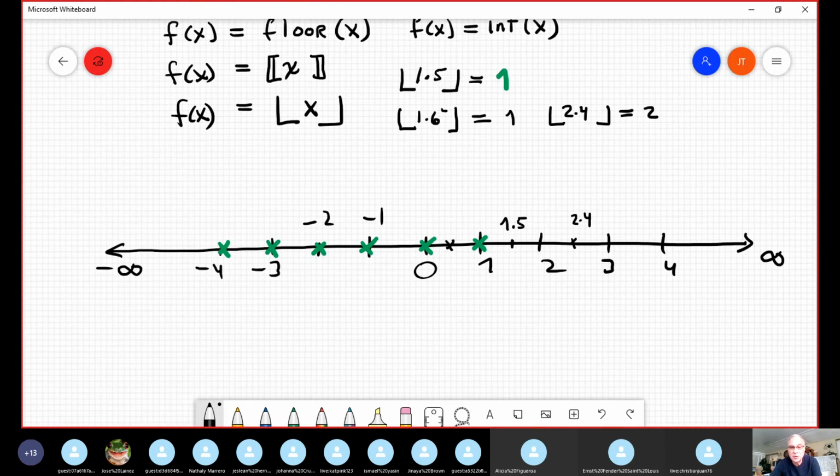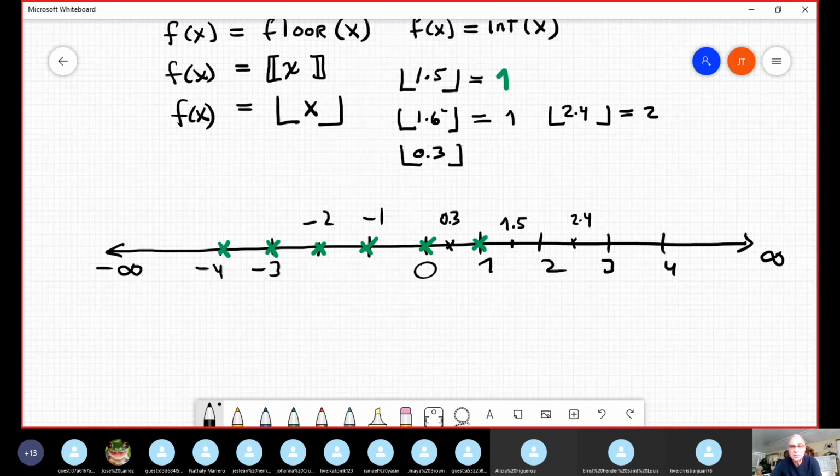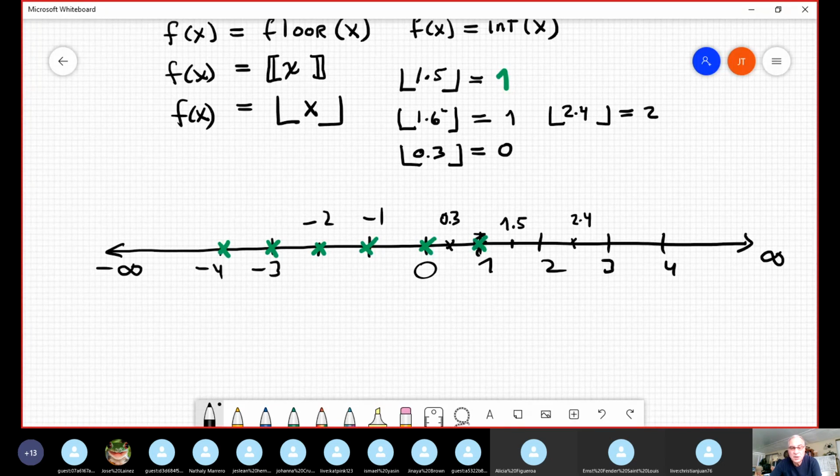Suppose here 0.3. Greatest integer of 0.3 is obviously 0, because 1 doesn't participate. The collection of the integers less than 0.3 is 0 or negative 1. So you take the bigger, which is 0.